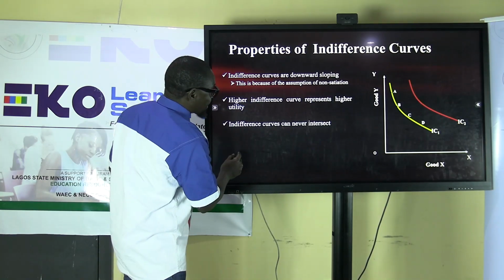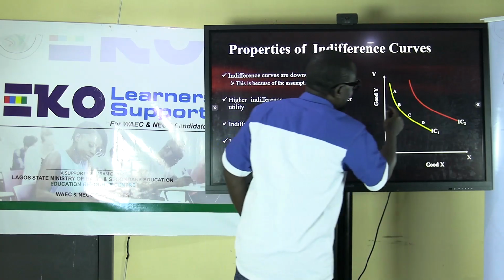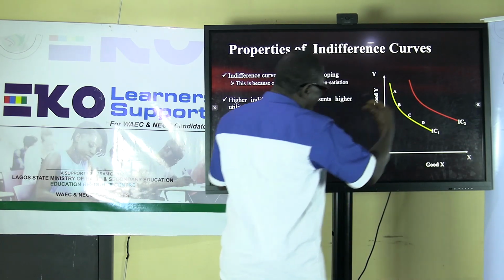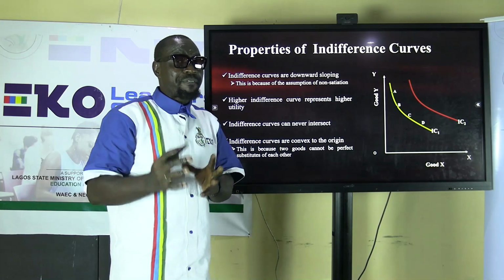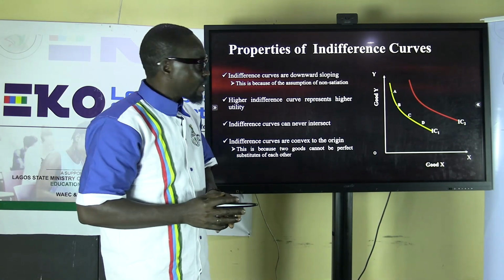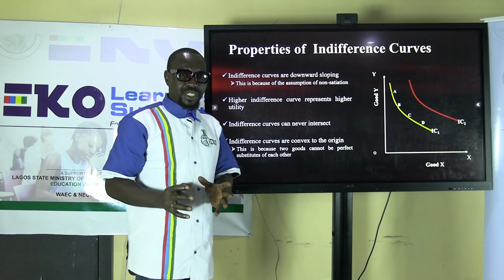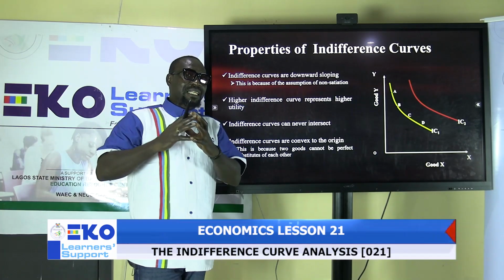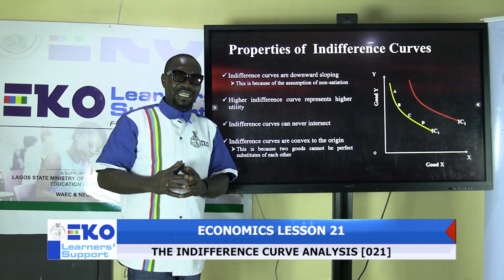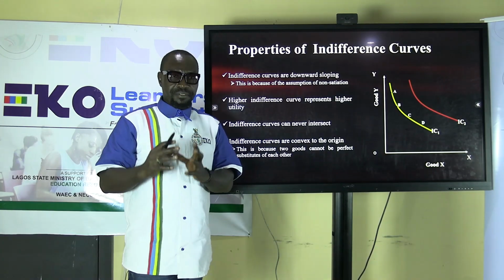Now, indifference curves can never intersect. They don't cross each other. They are convex to the origin. This is because two goods cannot be perfect substitutes of one another. All right? Perfect substitutes means even if they are substitutes, they don't give equal satisfaction. And this is essentially because satisfaction is basically a psychological feeling.